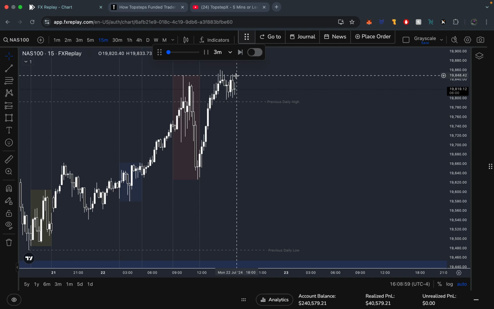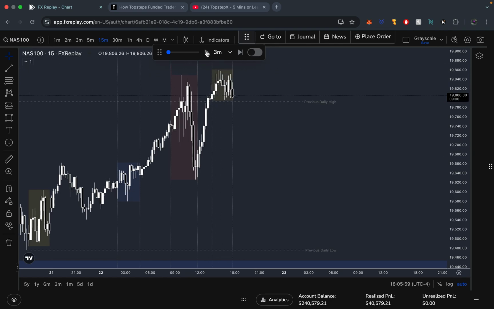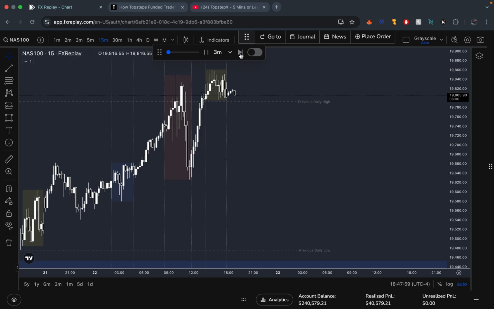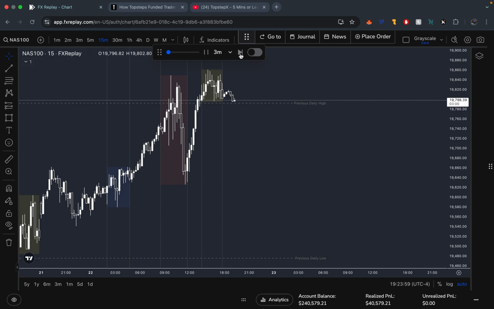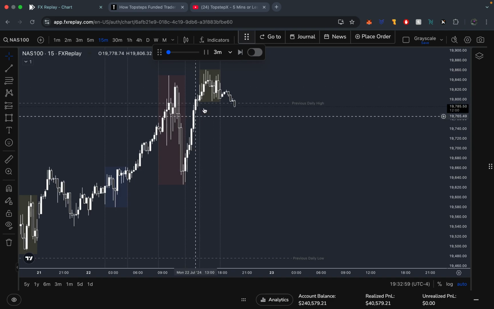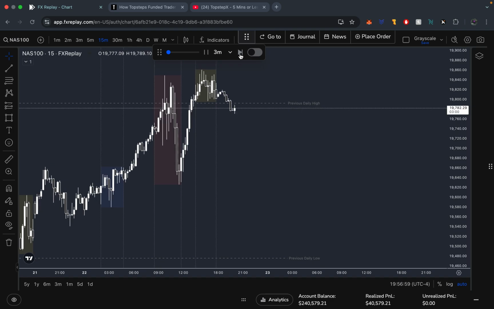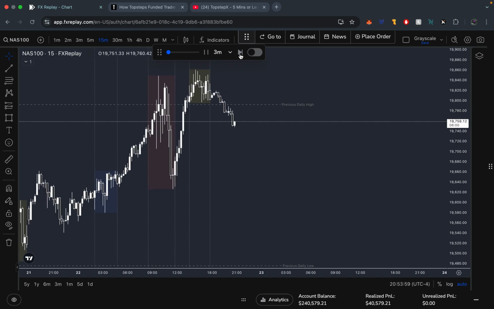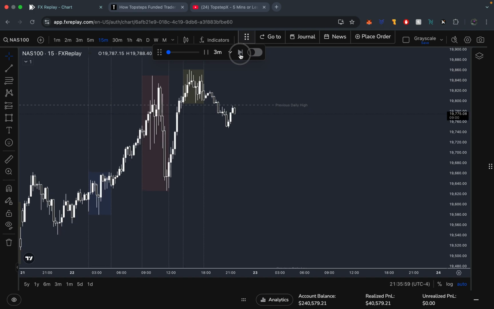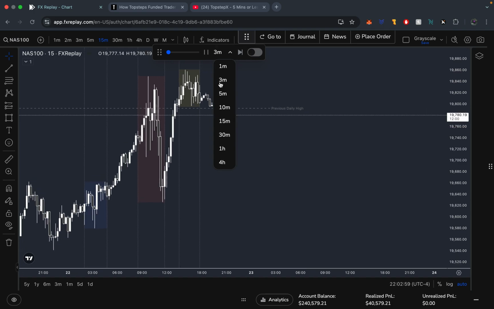Just sort of accumulating in the PM session here. So that's marked up on the chart. We can maybe inverse this during Asia. Bump this up a little bit.